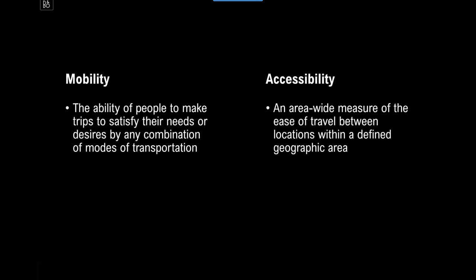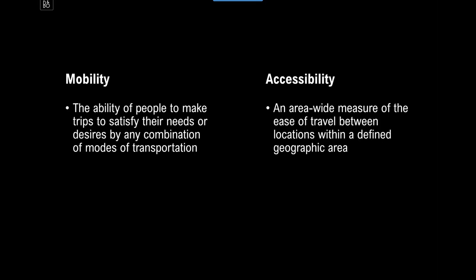The difference between mobility and accessibility, I definitely wanted to touch on this, because mobility is the ability of people to make trips to satisfy those needs and desires. It can be any combination of those modes, whereas accessibility is the area-wide measure of the ease of travel between locations within a defined area.